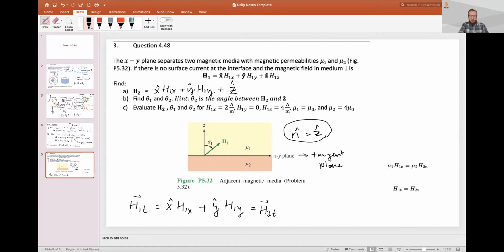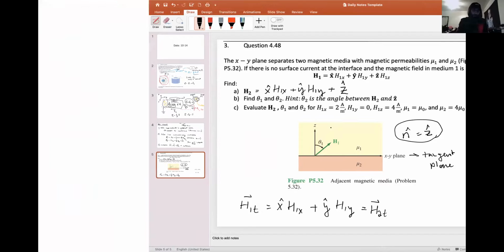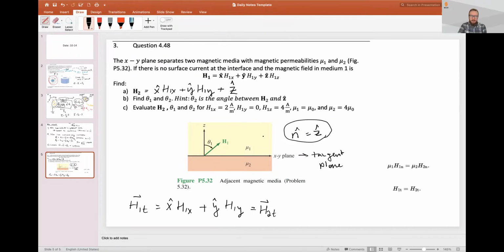All right, so now we get to this last part, the Z. What is the Z going to be? What is the magnitude? Shouldn't it be mu1 divided by mu2 H1z? Yep, yeah. And we got there right from starting like this. We have H1Z.